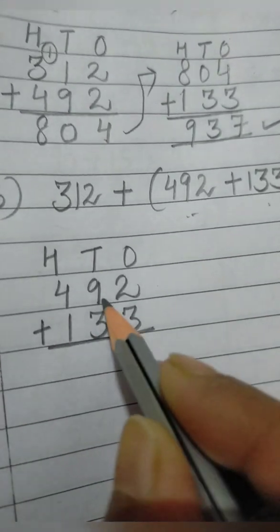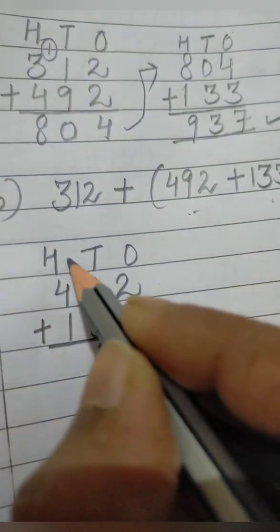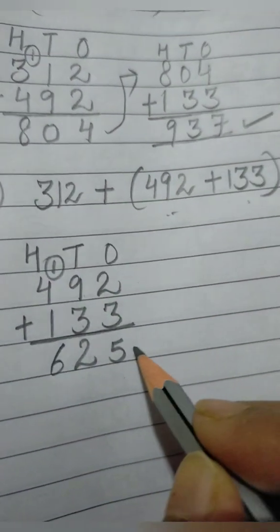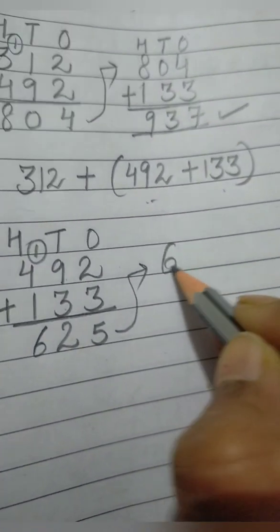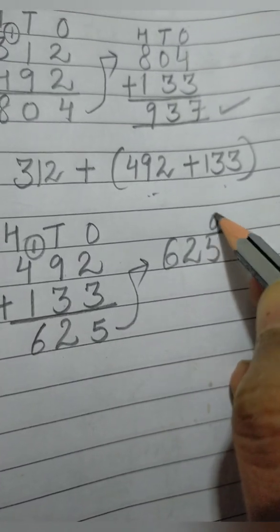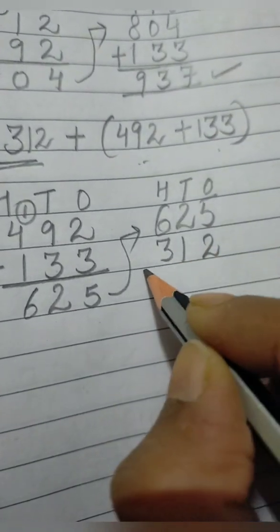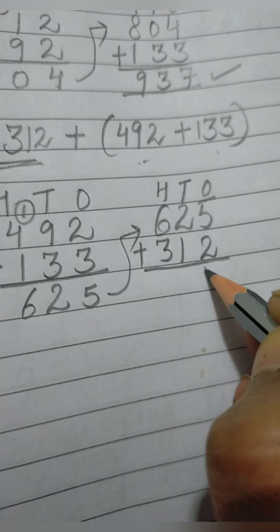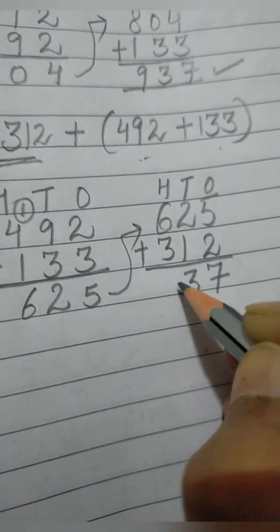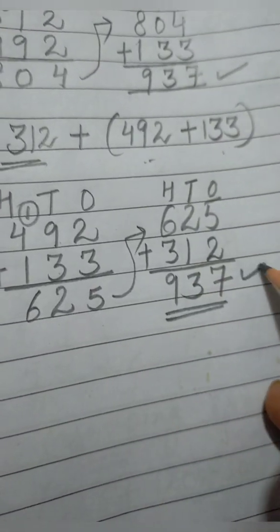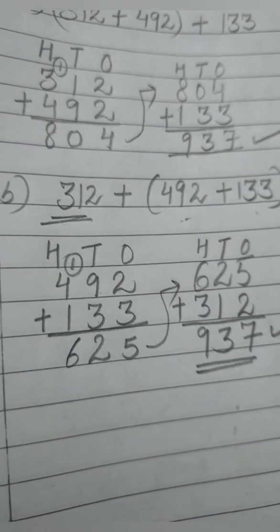It is 5, 9 and 3, 12, 1 carry, and here it is 6. Now 625, and we have to add 312. We are getting 937. Here also we are getting 937.